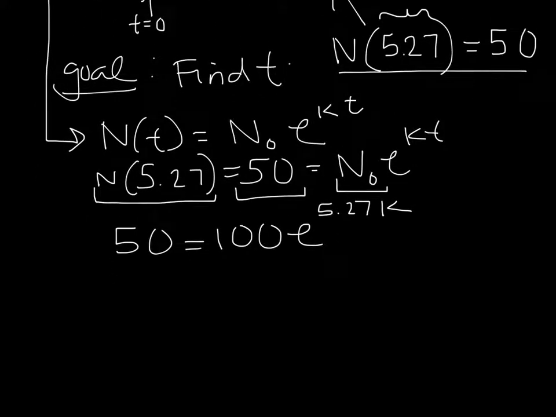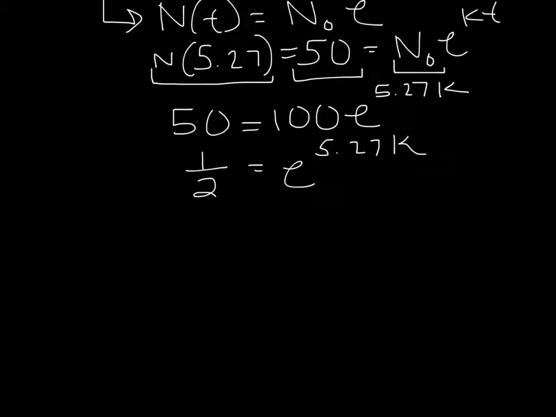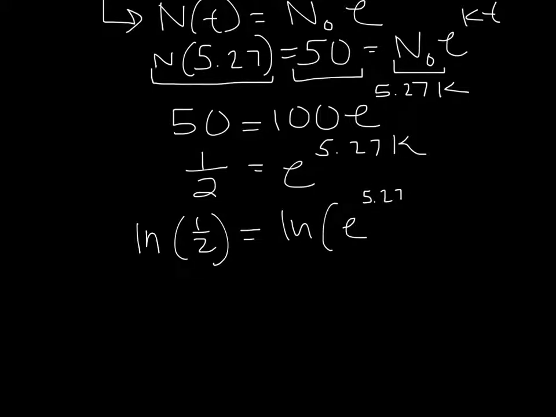This is pretty easy. If we want, we can divide both sides by 100, and if we do that, we just get a half, which should be familiar because we know it's going to be ln of 2 eventually. So a half equals e to the 5.27k. We can take the ln of both sides because we want to solve for k. So ln of a half equals ln of e to the 5.27k. We can write 0.5 if we want.